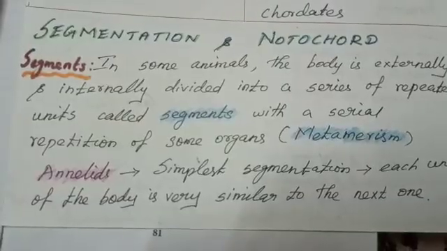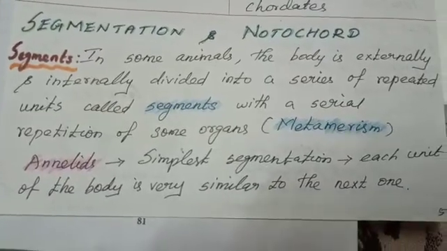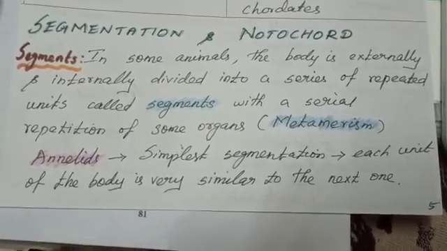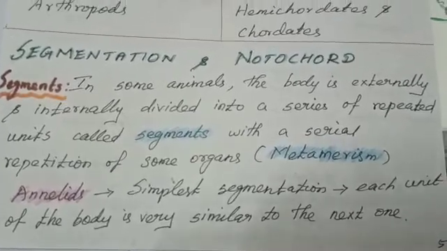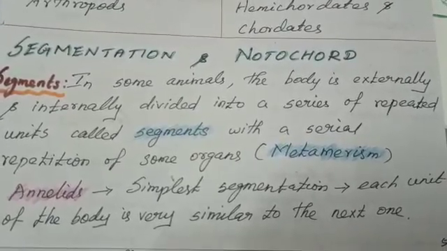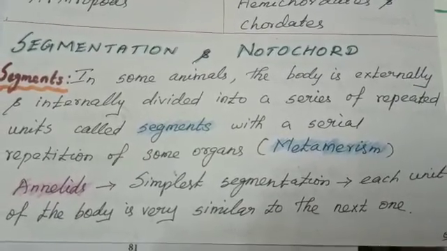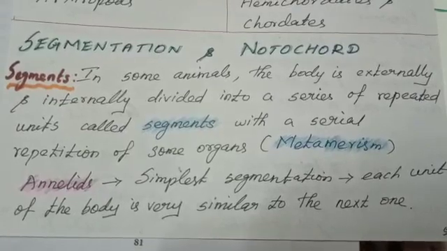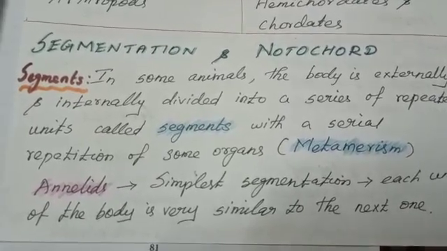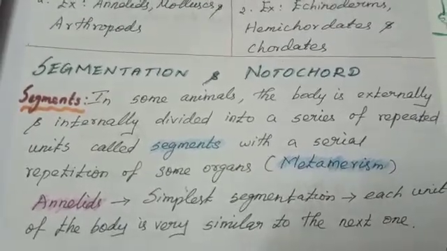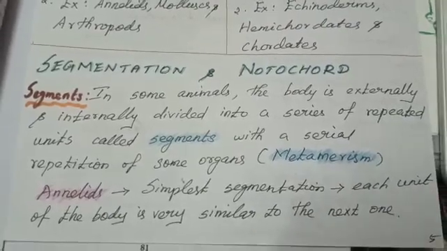The next one is segmentation and notochord. What are segments? In some animals, the body is externally and internally divided into a series of repeated units called segments, with a serial repetition of some organs. This is called metamerism. In annelids, the simplest segmentation is seen.